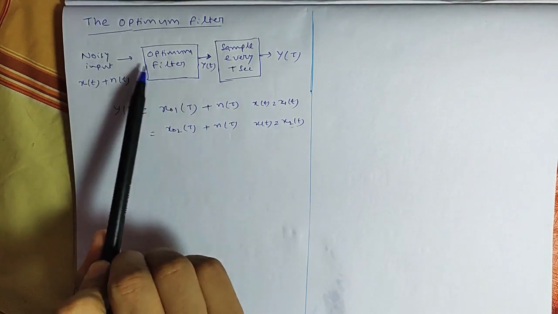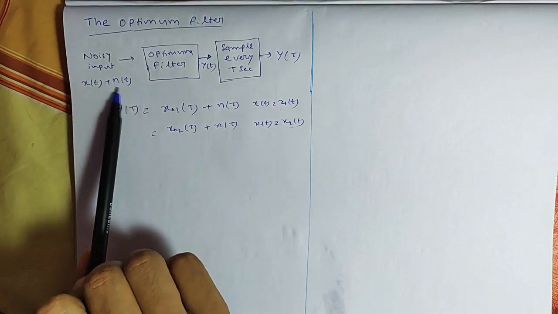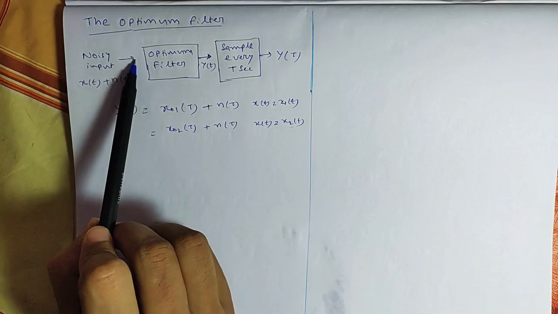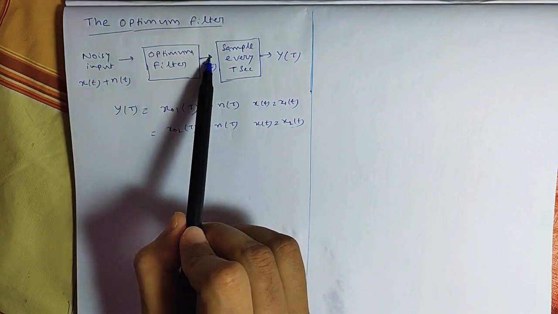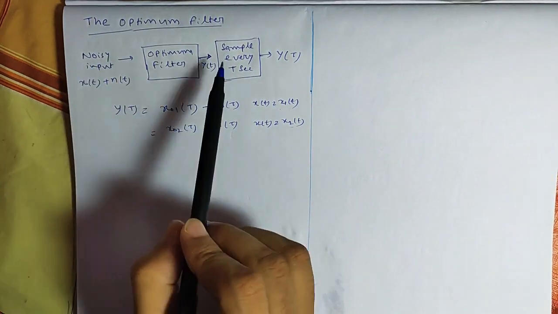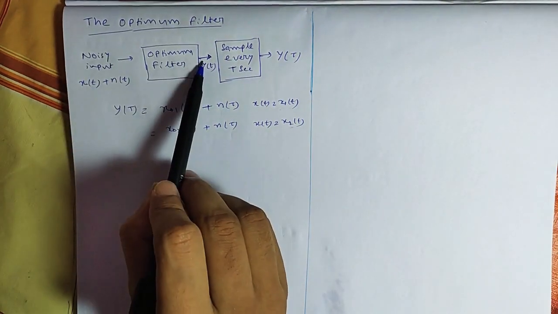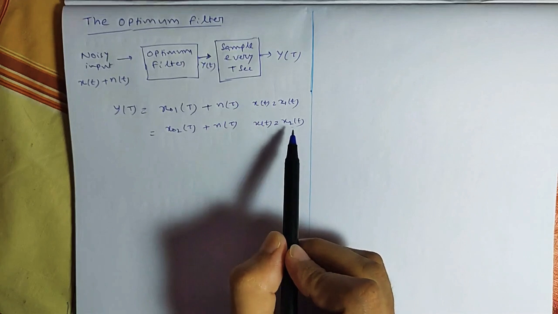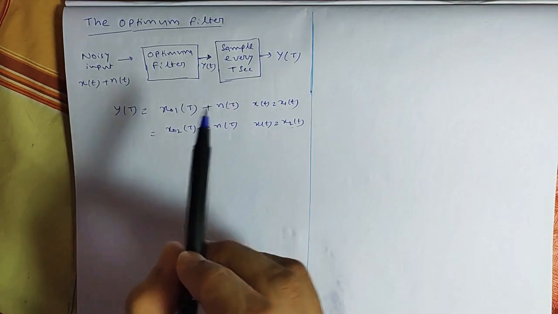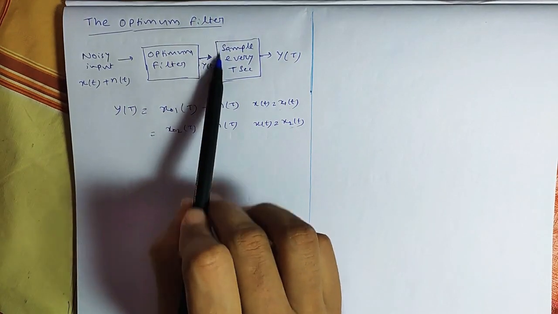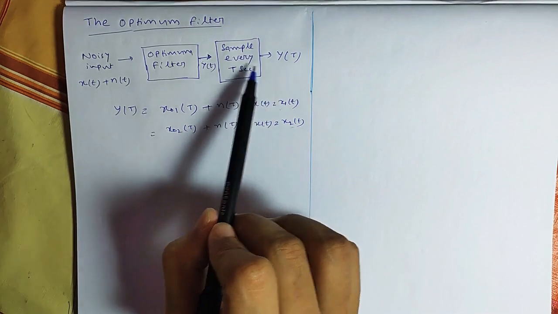Now, without the presence of noise, if the input is x1(t), the output will be x01(t), and if the input is x2(t), the output will be x02(t). After this output we have a sampler which samples every T seconds.